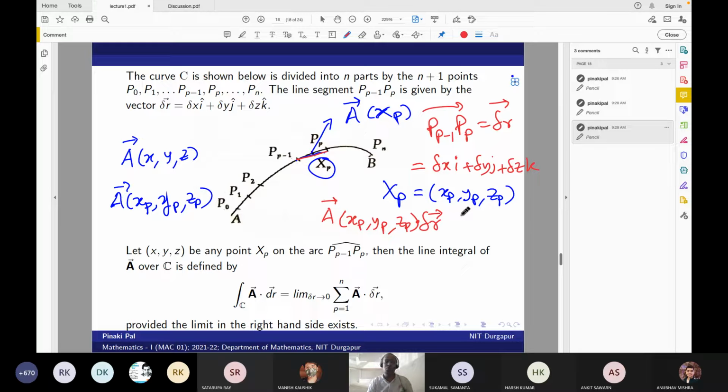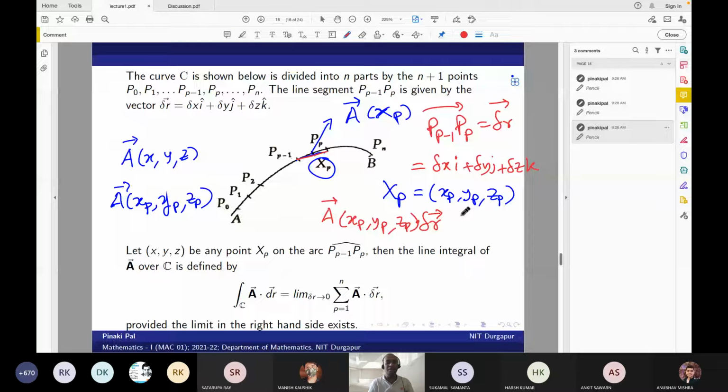So what we are doing, we are introducing n minus 1 number of points between A and B. And these n minus 1 number of points will divide the curve between A and B into n parts. From these n parts, we are considering a particular part of the curve. And from that particular part, we are taking a point, xp.